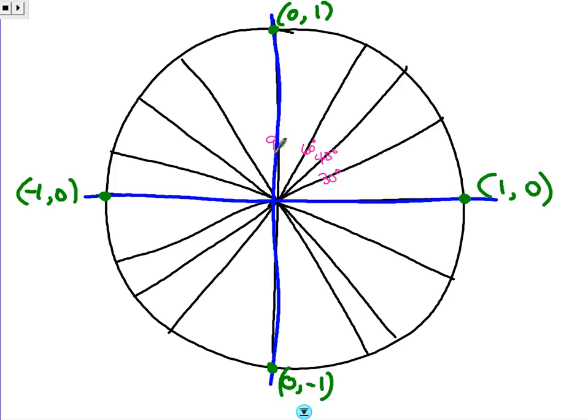This one's 90. We know this one's 180. We know this one is 270. We know this is 0 and it's 360. You need to put degree symbols so that I'm aware you're talking about a degree measure. So this is the first quadrant, just 30, 45, 60.